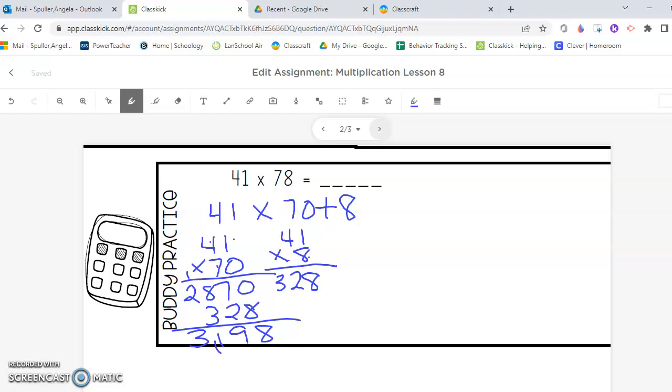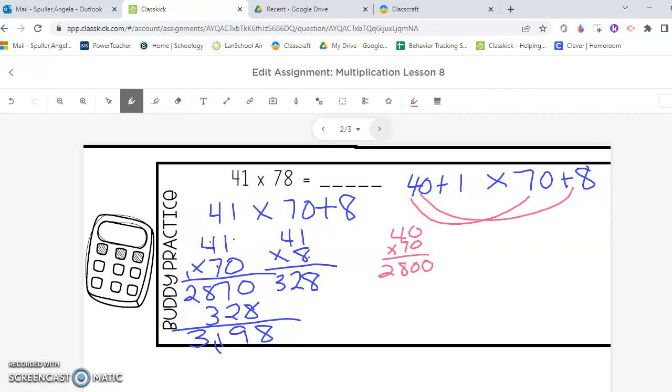Now, again, I told you we could do it this way, too. We could say 40 plus 1 times 70 plus 8. And then let's take our colors. 40 times 70. So 40 times 70 is 2,800 because it's 28 plus the 2 zeros.